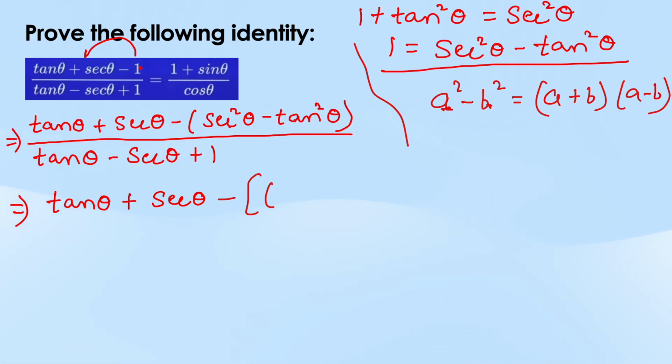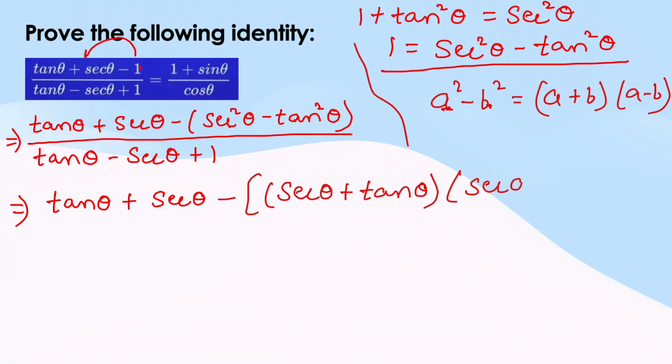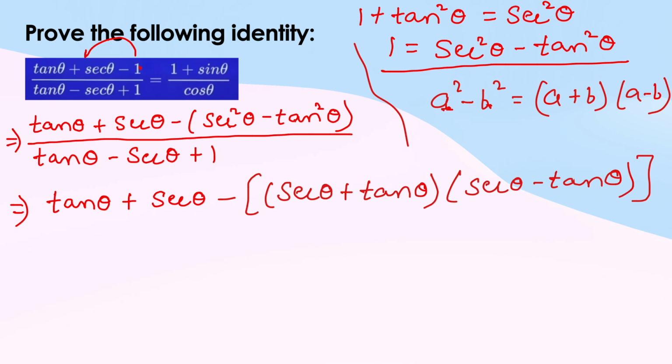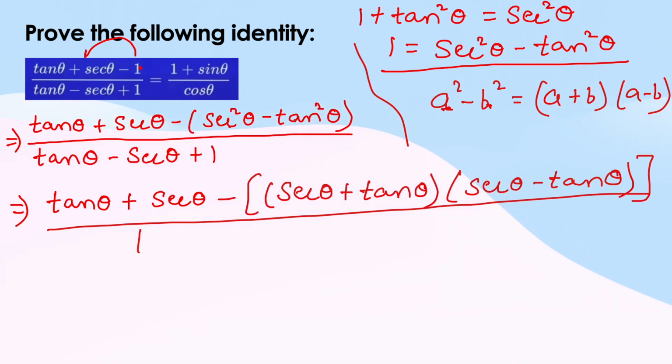So a plus b means sec theta plus tan theta, and now a minus b, so sec theta minus tan theta. Okay, and in the denominator tan theta minus sec theta plus 1.